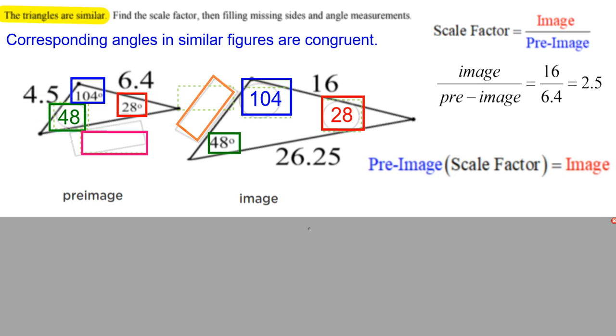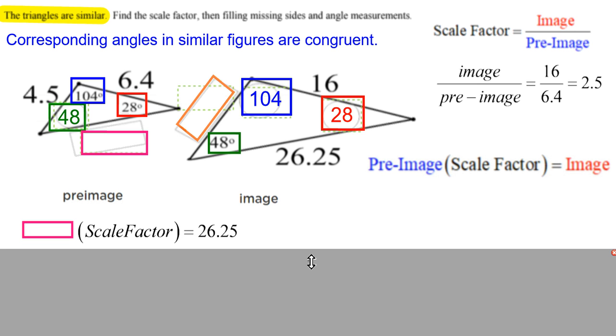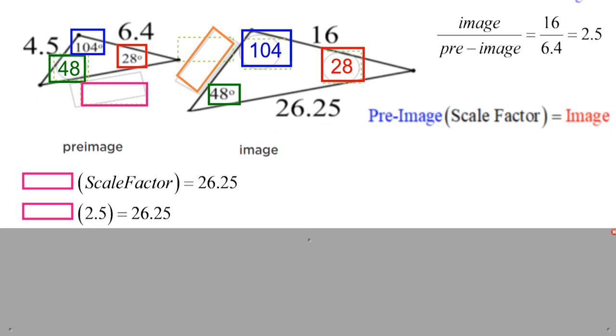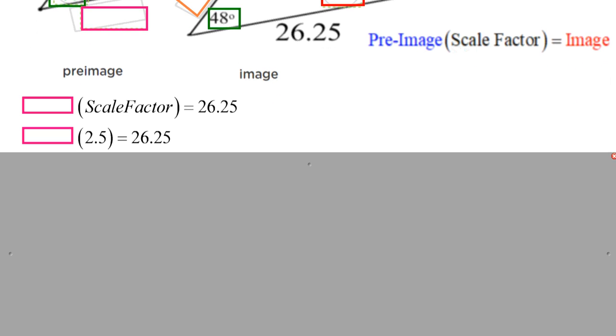The way that we can find them is using our pattern: the pre-image times the scale factor equals the image. So if we start working on the pink, we know that pink length in the pre-image times the scale factor should equal 26.25. Our scale factor is 2.5. So how could we undo this equation to solve for the pink length? Well, these 2 items are being held together by multiplication.